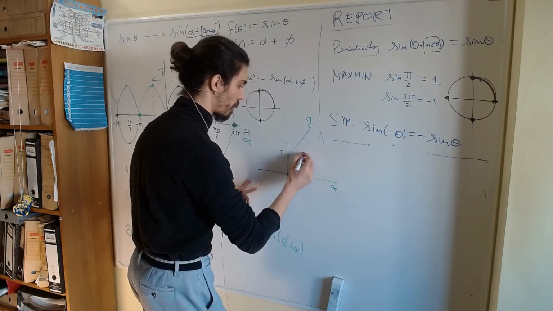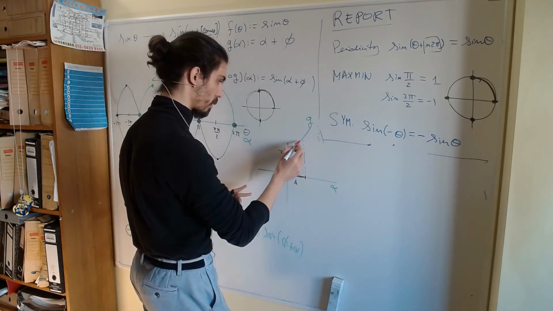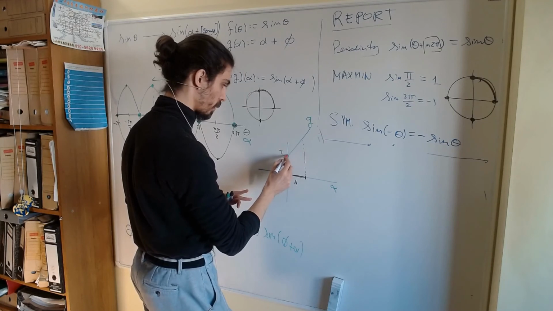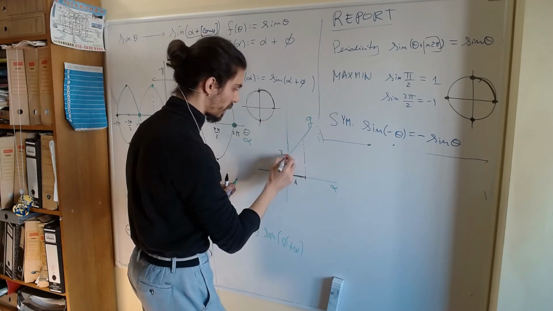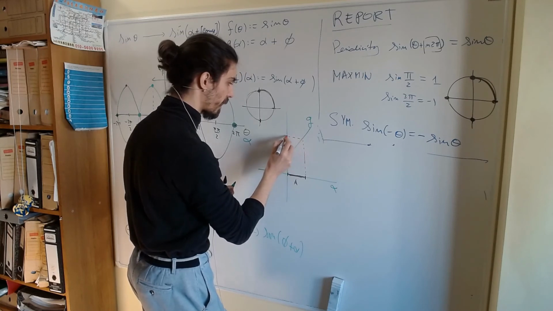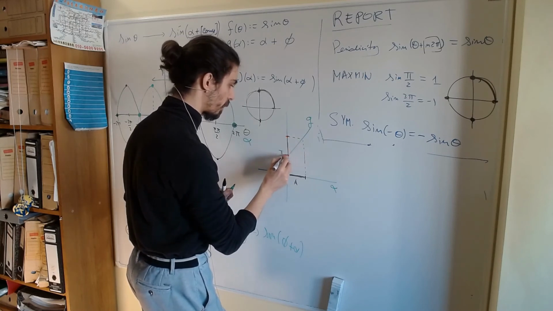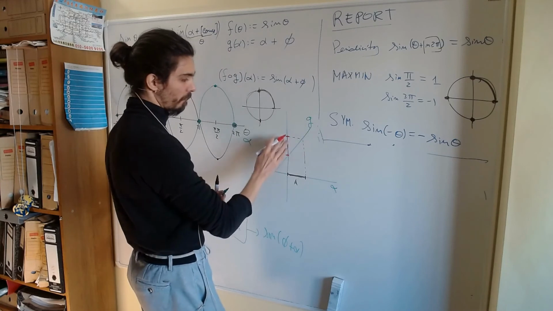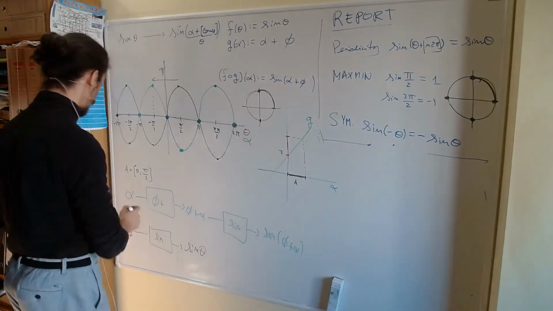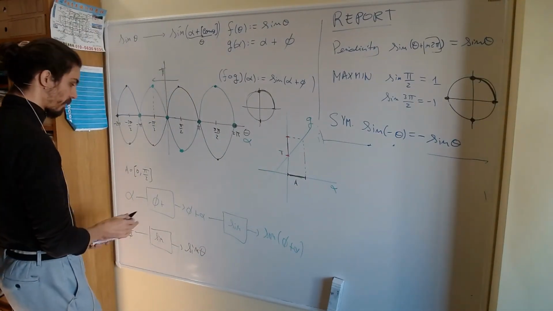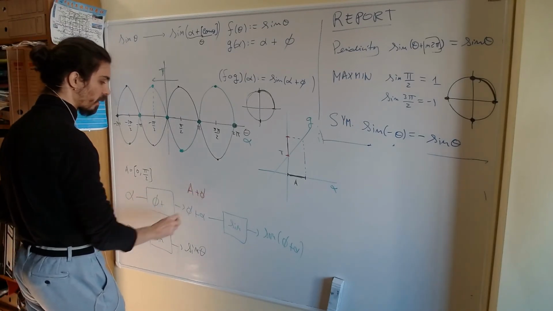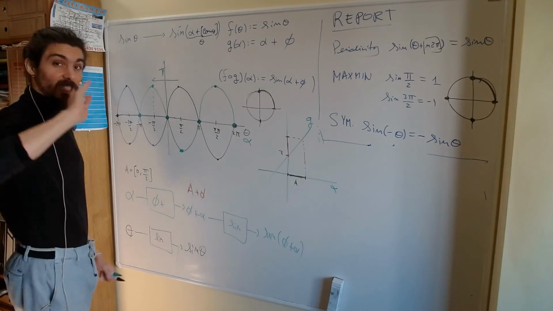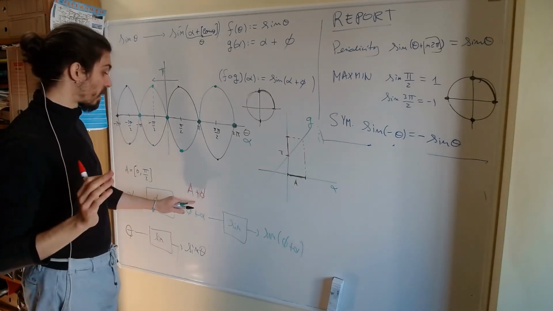Let me just copy it. I need to extend this, so it starts here and it lands here. Okay, this set, you see, starts with A, and you get a plus phi. You see, a plus phi is just a shorthand notation for a set.